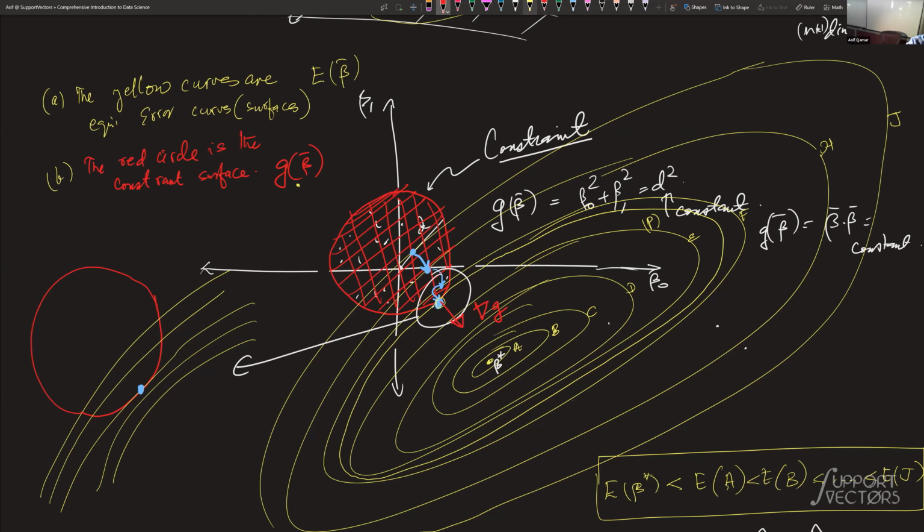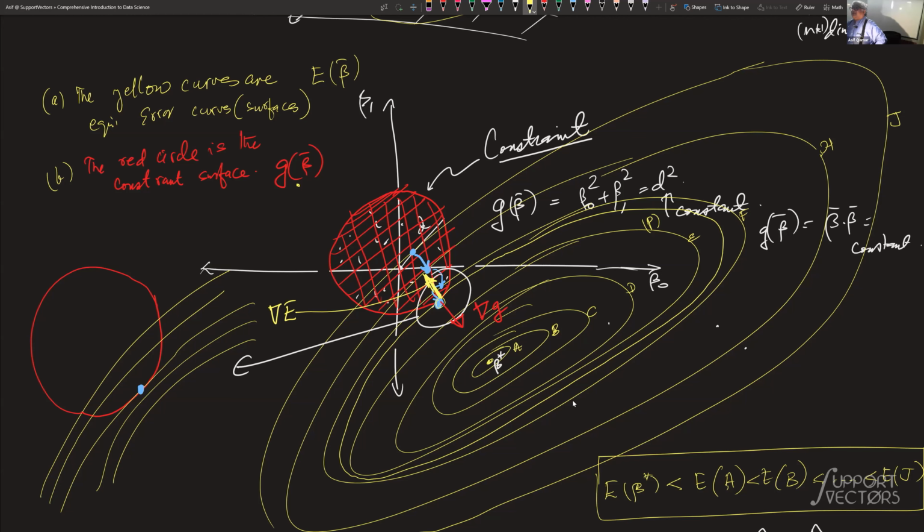Towards the opposite direction. Let me just mark it as big bold. So would you agree? This is the gradient of the error surface. This is the direction. We'll ignore the magnitude. Let's not worry too much about how big one is compared to the other, but the directions are opposite, isn't it?